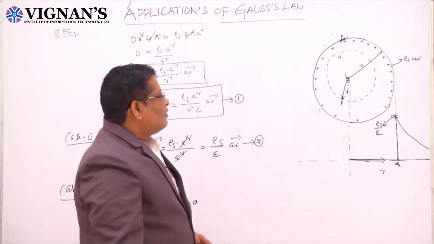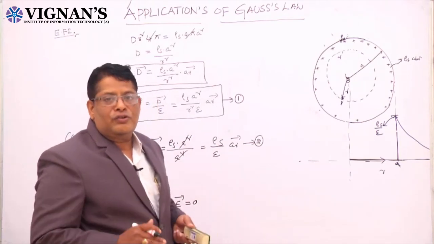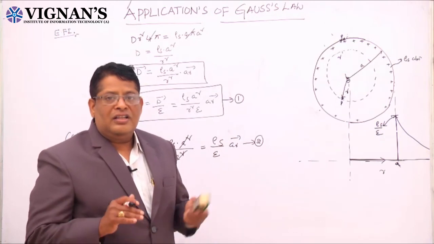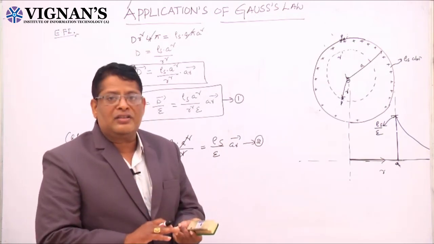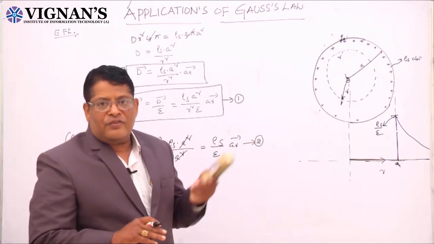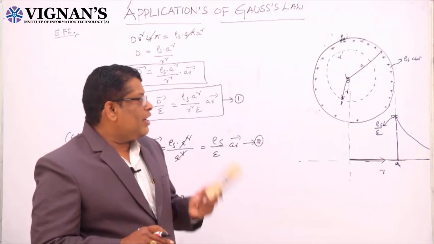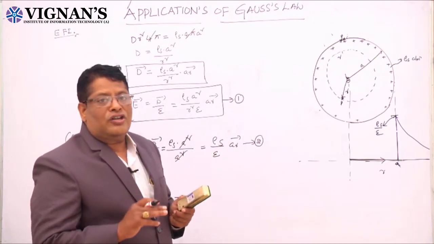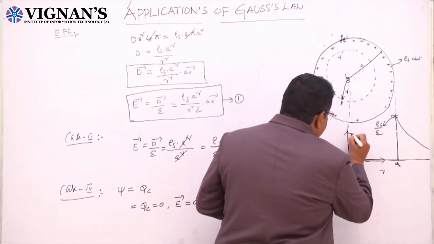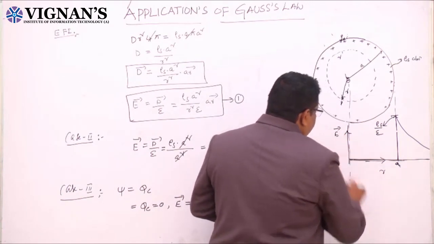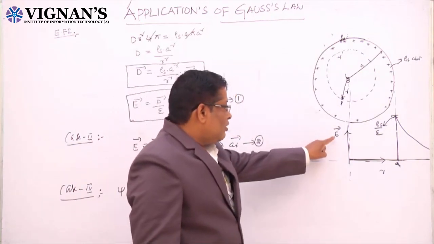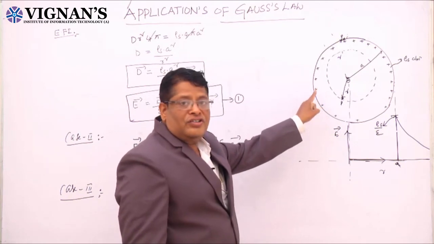So in this manner we have calculated the electric field intensity due to the charged hollow shell. In this case, we have taken the three cases: one is outside of the shell, on the shell, and inside of the shell. So finally, we have drawn the variation of the electric field intensity due to the charged shell, that is represented here. And on the y-axis we have taken E bar, nothing but electric field intensity due to the charged shell.